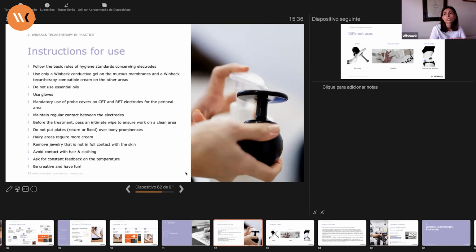It's better to choose a good area with full contact, a little bit further away, than to put the plate on a bony prominence, because we don't have a good contact, okay? Dry areas require a little bit more cream to ensure a good contact, okay?